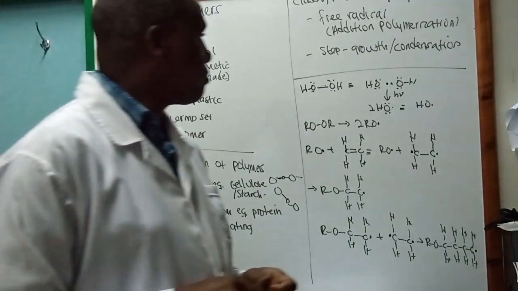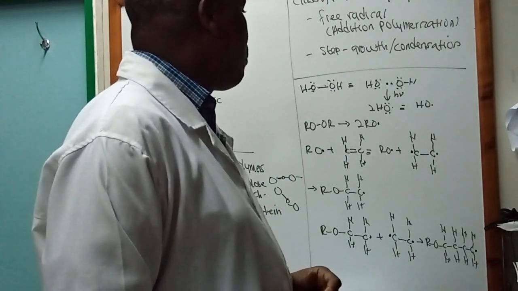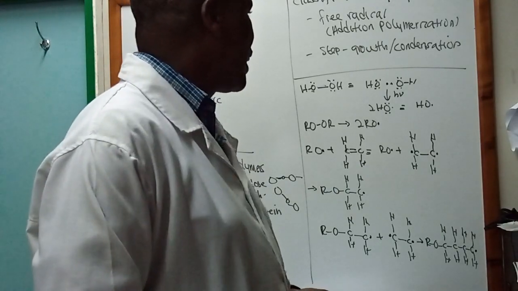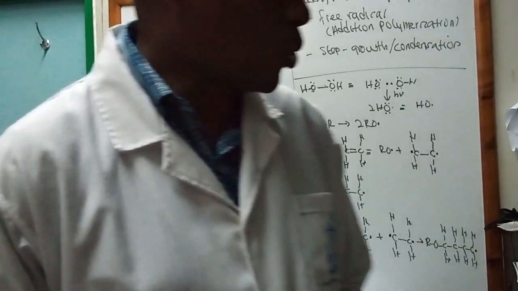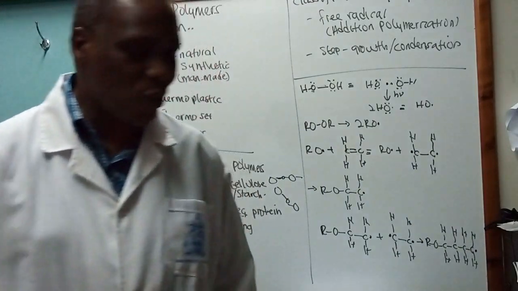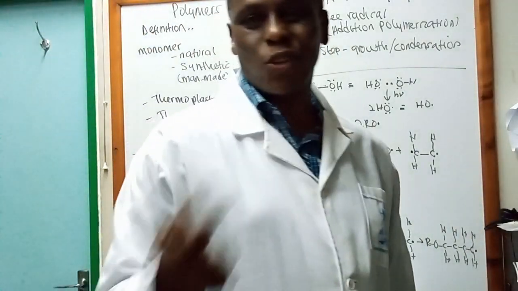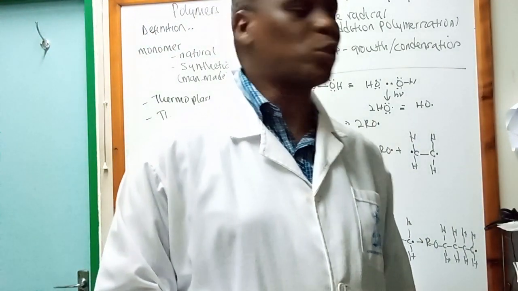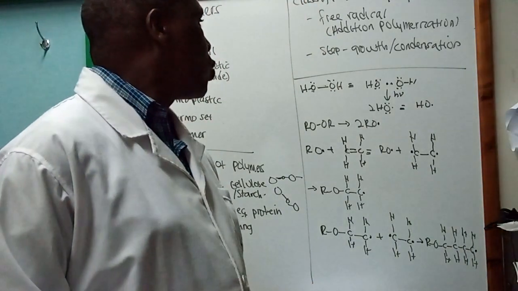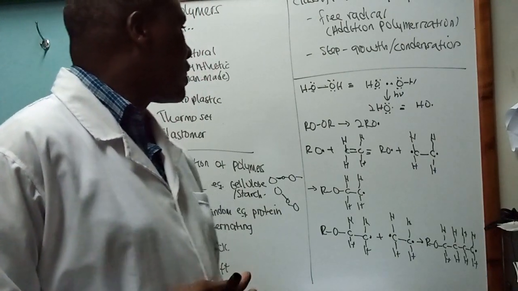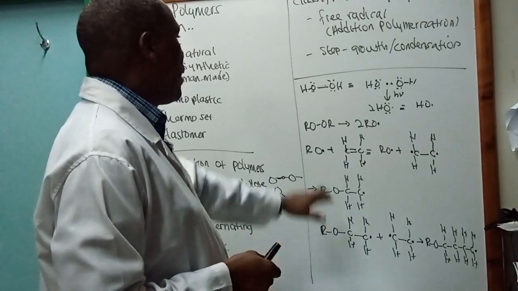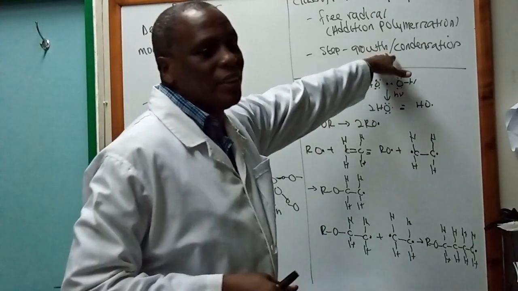Now, polymers can also be classified by the way in which they are made. As I mentioned, in this course on chemistry B we try to avoid reactions and mechanisms, keeping the mechanisms to a minimum. There are two ways in which polymers can be made: step growth or condensation.